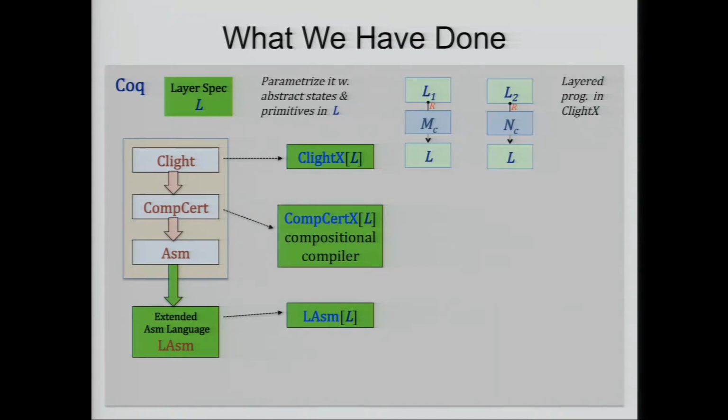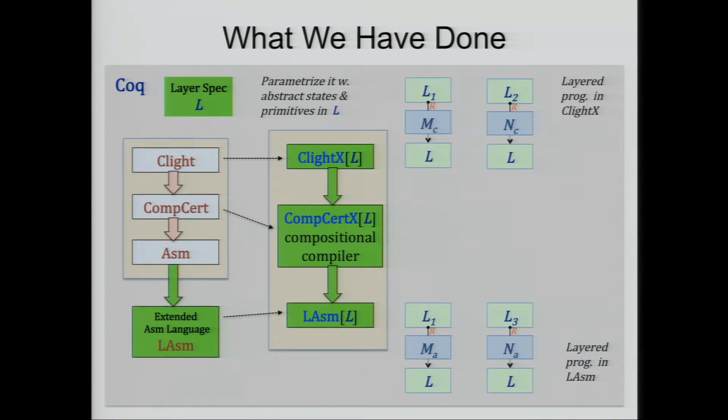Then with CompCertX, at the assembly layer, you can handwrite assembly code, and you can also have this handwritten assembly code verified in this LLAsm language. For example, you can produce routines like a context switch.